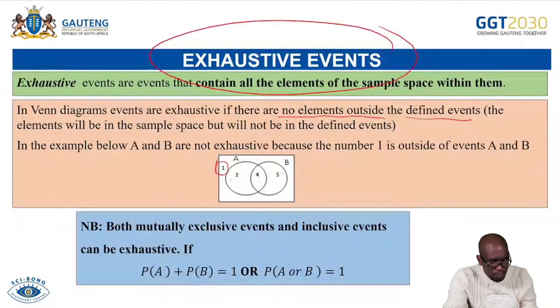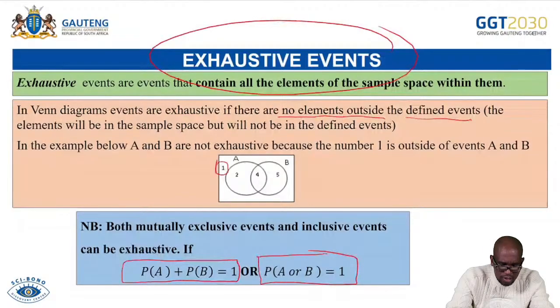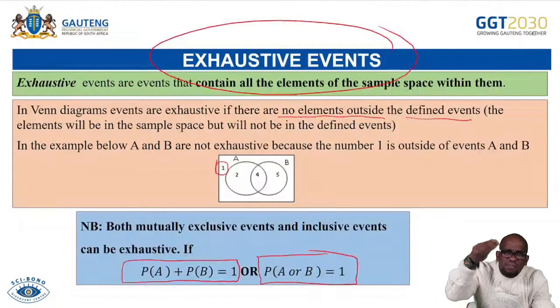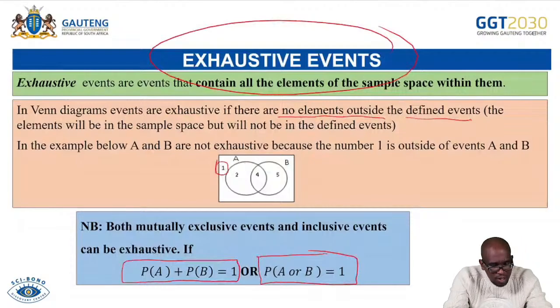So both mutually exclusive events and inclusive events can be exhaustive if the probability of A or B is equal to 1, or the probability of A plus that of B is equal to 1. So they can be exhaustive if that is the case, all right?